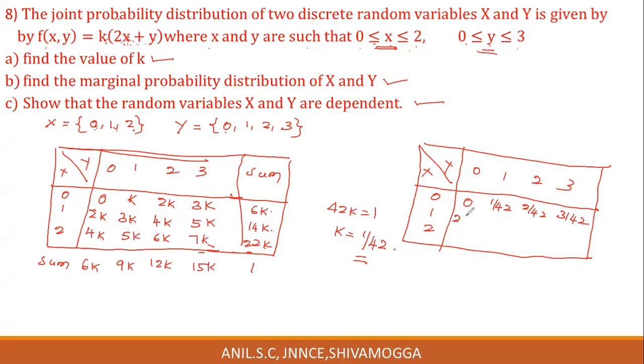Then 2k is 2 by 42, 3k is 3 by 42, 4k is 4 by 42, 5k is 5 by 42. Then 4k is 4 by 42, 5k is 5 by 42, 6k is 6 by 42, 7k is 7 divided by 42. This is the joint distribution table now.